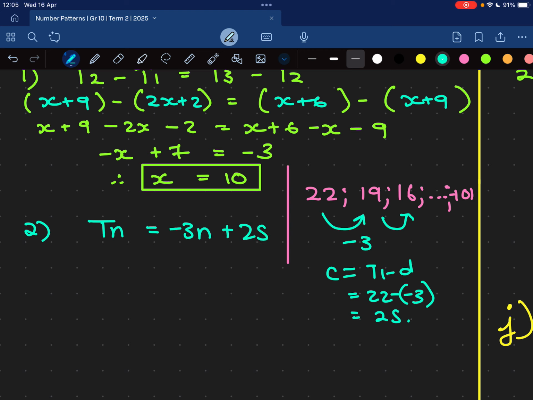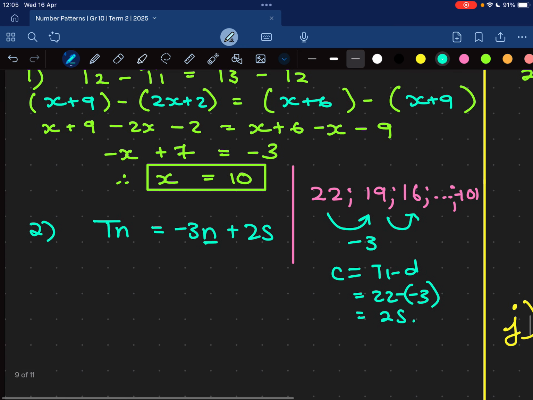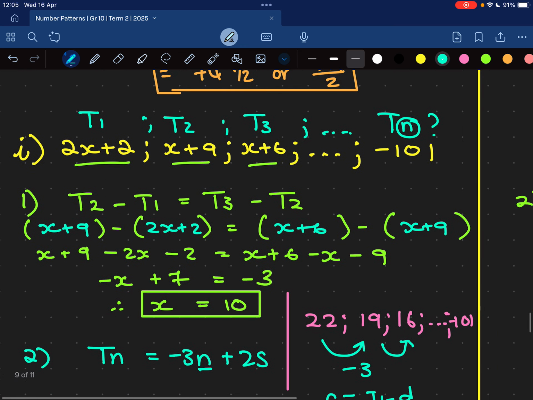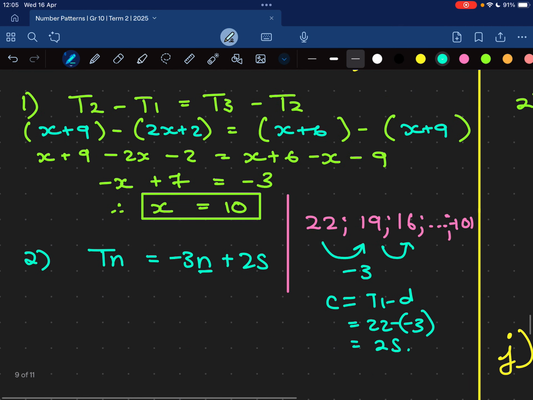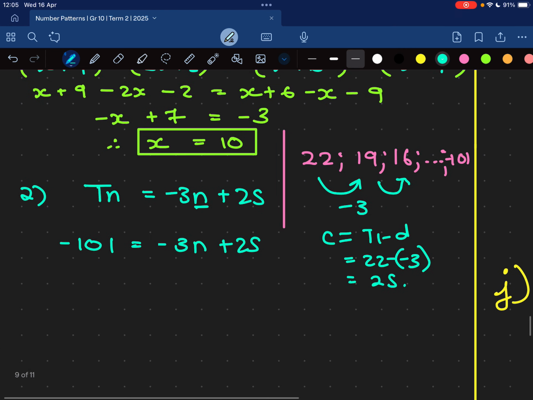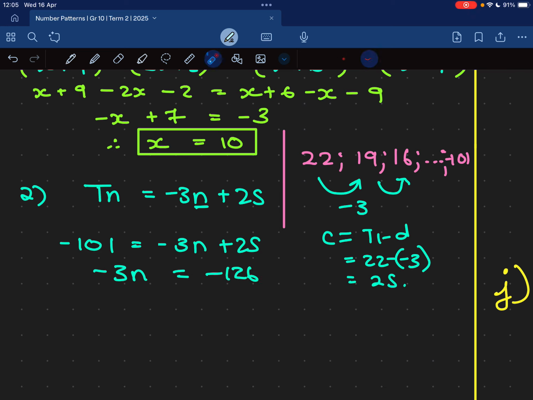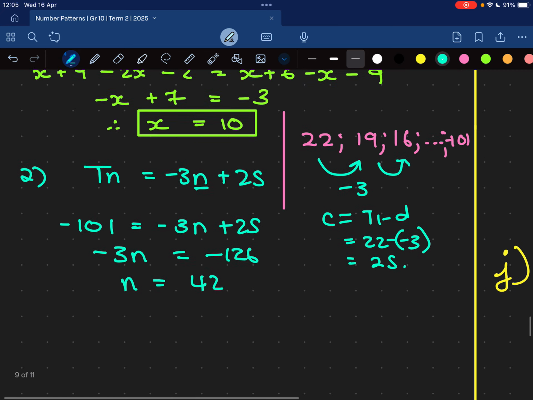Okay, so they basically want you to find what n is if they told you that Tn, the last term, is negative 101. So negative 101 is equal to negative 3n plus 25. So negative 3n is going to be equal to negative 126, because all we do is take this and minus it. So that means that n is going to be positive 42. Remember, it has to be a whole number.